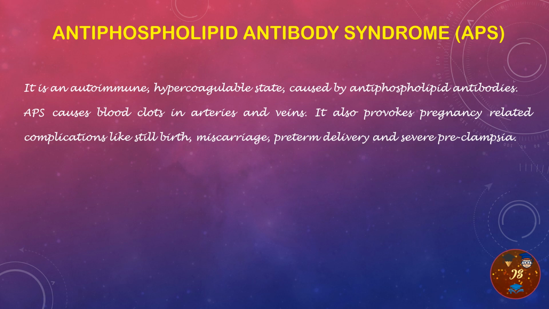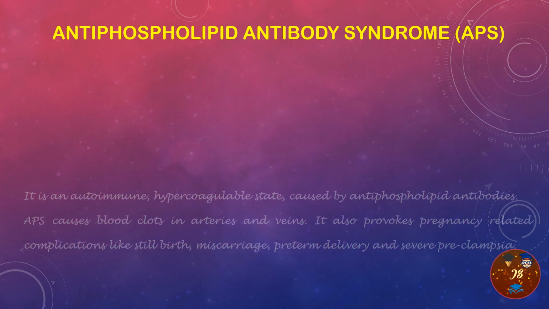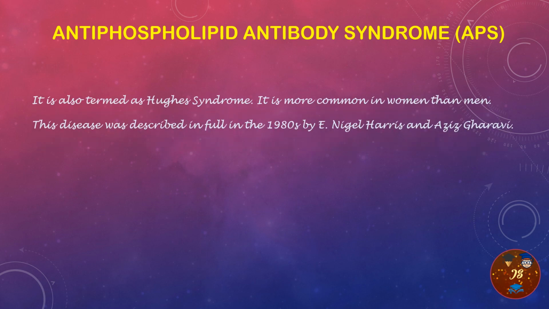APS causes blood clots in arteries and veins. It also provokes pregnancy-related complications like stillbirth, miscarriage, etc. We went through all this information in our last video. It's also known as Hughes syndrome.